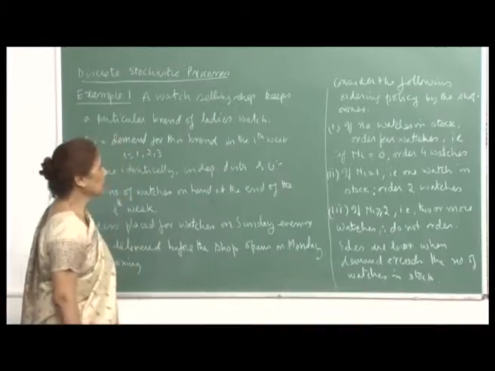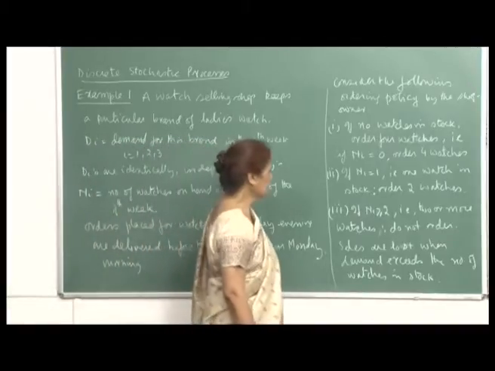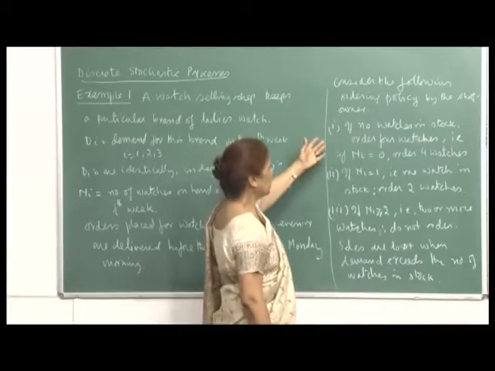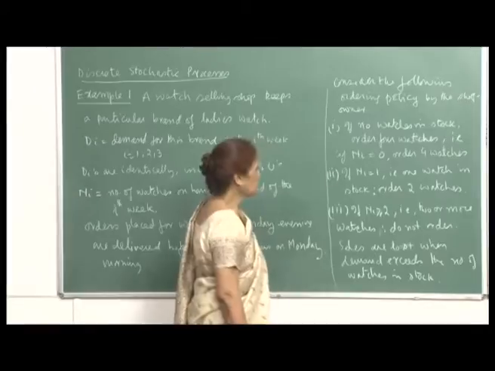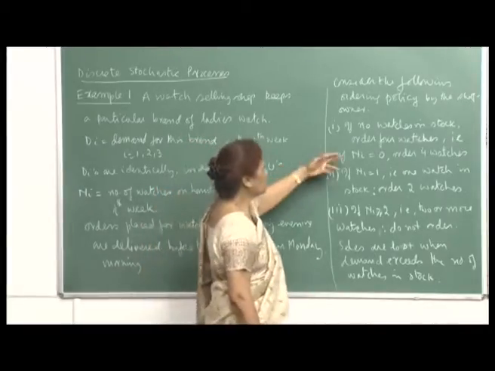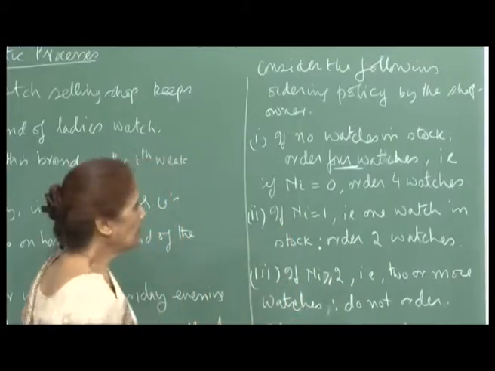Now, suppose the ordering policy followed by the shop owner is as follows: if no watches in stock, order 4 watches. That means, by Saturday evening, if he realizes that he does not have any watch of this particular brand, then he will order 4 watches, and they will be delivered by Monday morning.